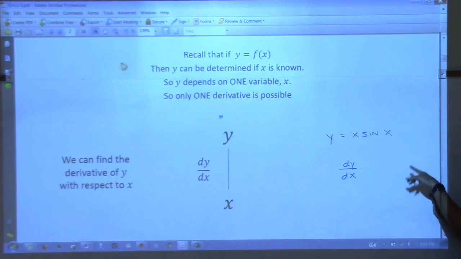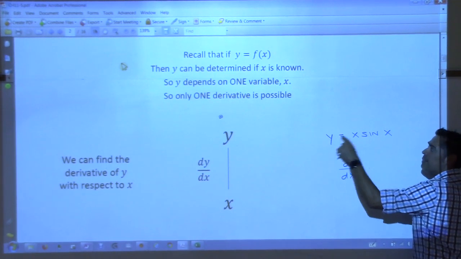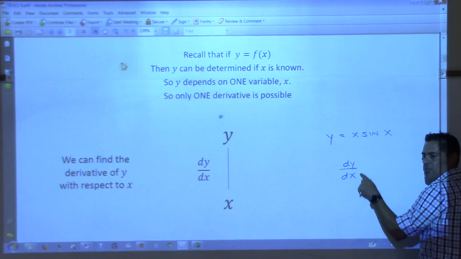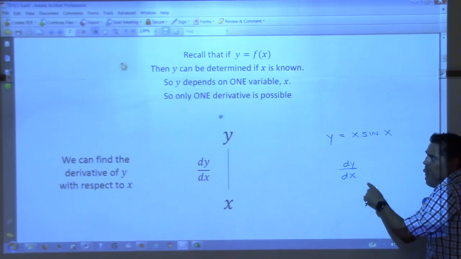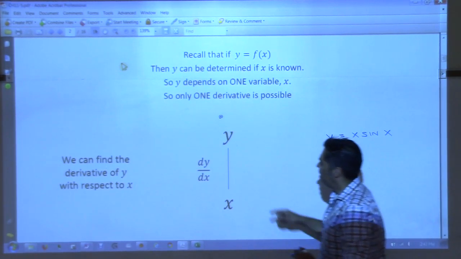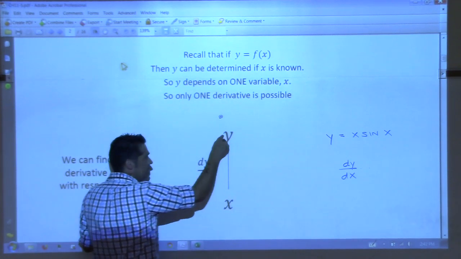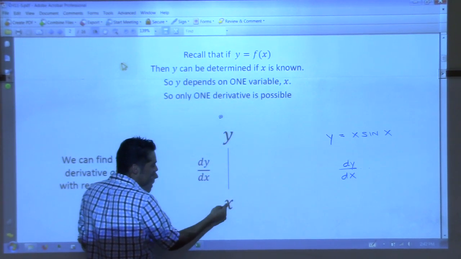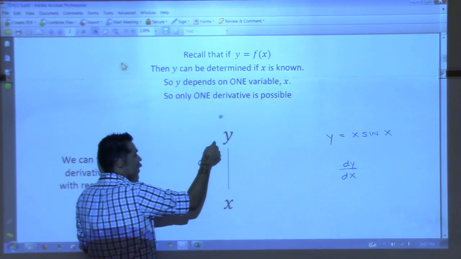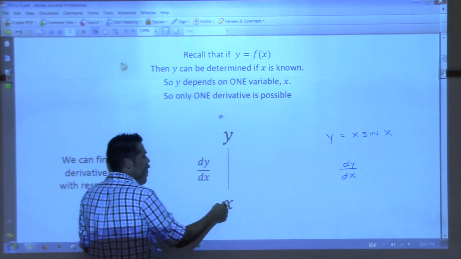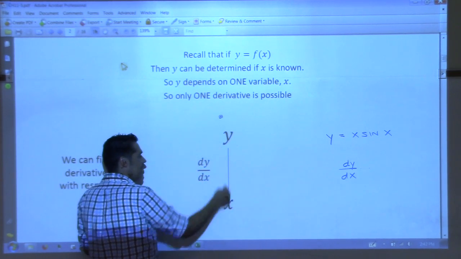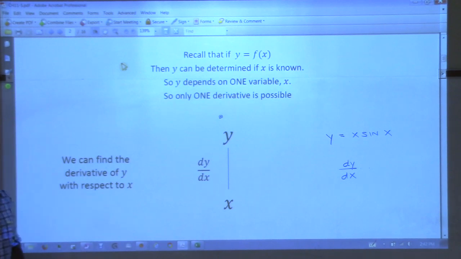We could also do dx/dy, but if we're saying y depends on x, then dy/dx is our standard derivative. So we put y here, because y depends on x, and put x down here. If you give me an x, I can tell you what y is. Then I create this branch that goes from y to x, and the only derivative possible down that branch is dy/dx.